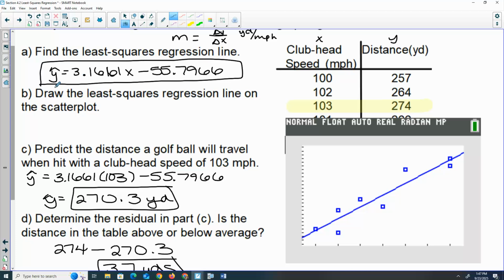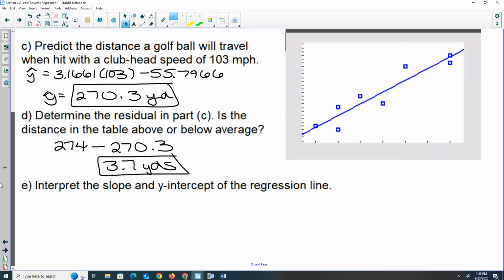So the ball will travel 3.1661 yards for every mile per hour swing. That would work. Or if you increase your swing by 1 mile per hour, how much further would your ball travel? 3.1661 yards. Okay, there's not just one correct sentence.